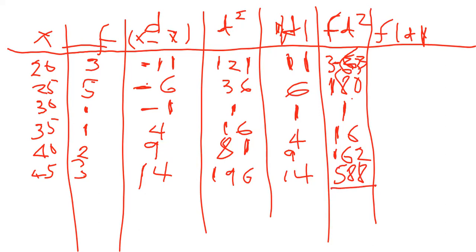So let me add this column. That FD squared. What's the total? 363 plus 180 plus 1 plus 16 plus 162 plus 588. 1310.